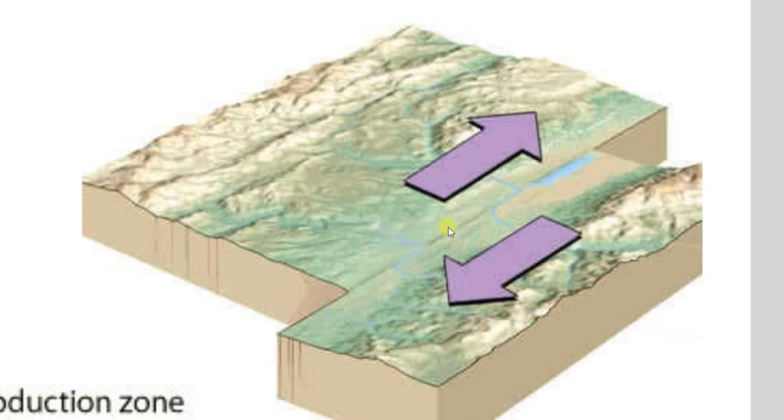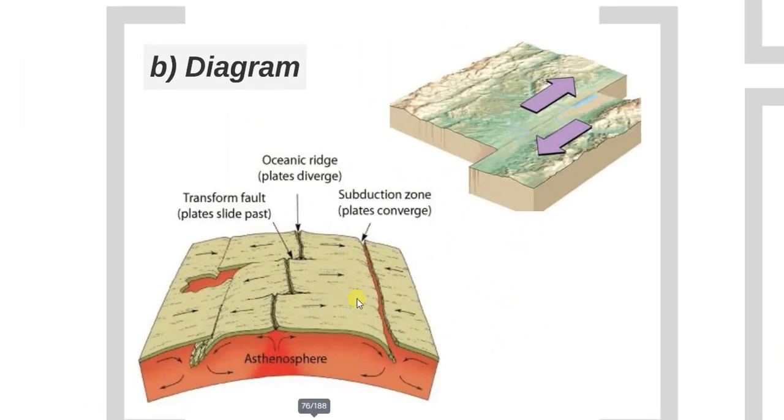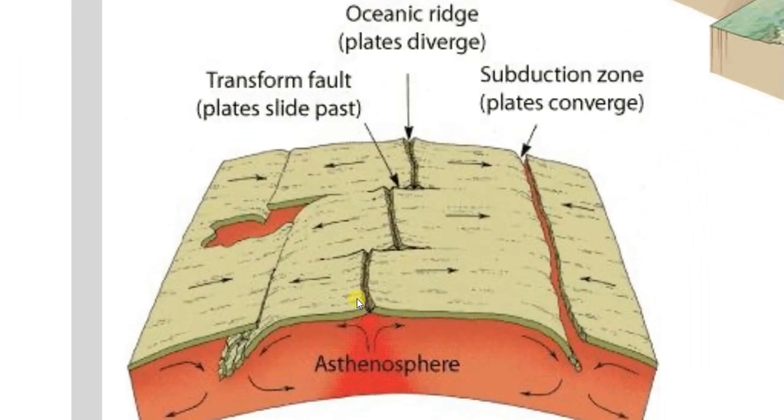Now we also have transform boundaries at the mid-ocean ridge. So the mid-ocean ridge, as we said before, is a spreading center. This is where new rock is being made. However, not the entire mid-ocean ridge is lined up. Look here. You've got mid-ocean ridge, it shifts over, mid-ocean ridge section, shifts over. At these little shifty parts right here and right here, rock is traveling in this direction, but on this plate, it's moving in this direction.